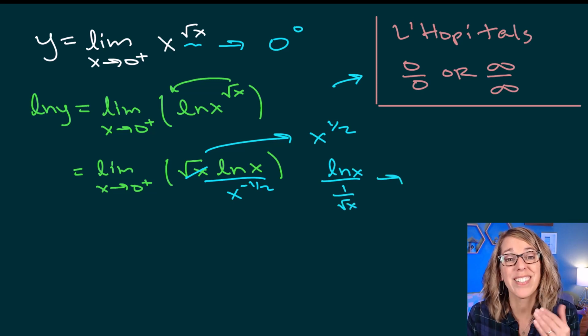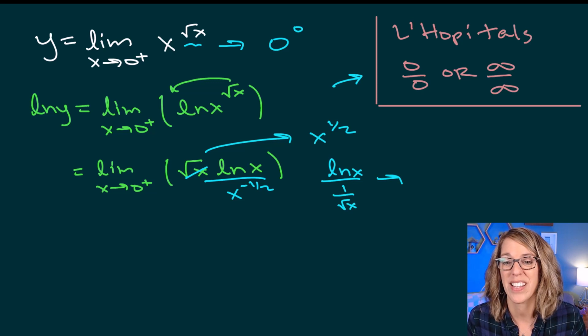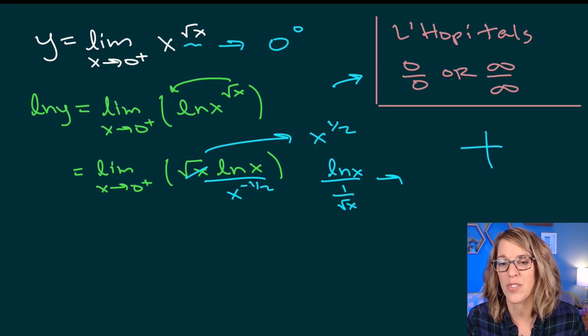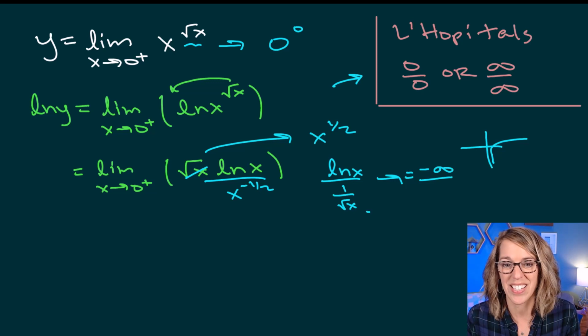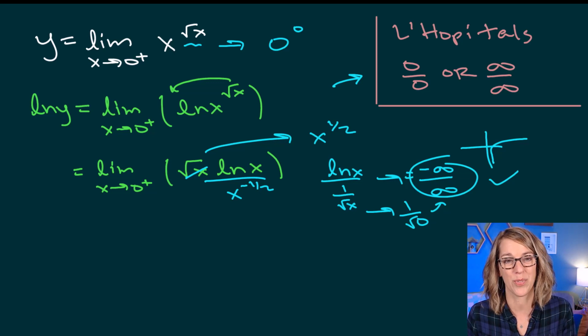Let's go ahead and plug 0 in from the right. Well, 0 from the right, the natural log goes to negative infinity, so I get a negative infinity there in the numerator, and I've got 1 over x inside that square root. That's going to be a 1 over radical 0, which goes to infinity.